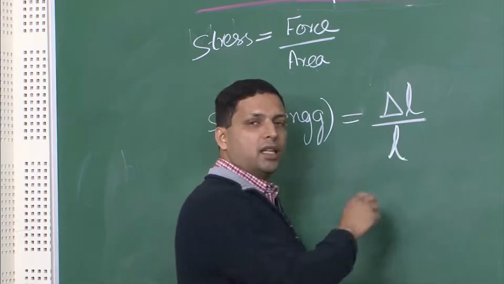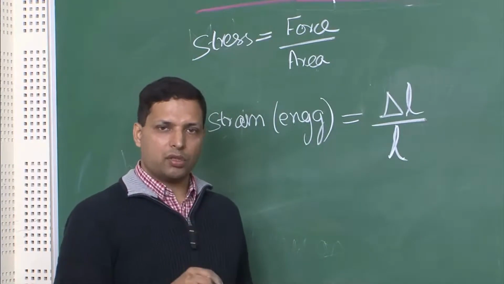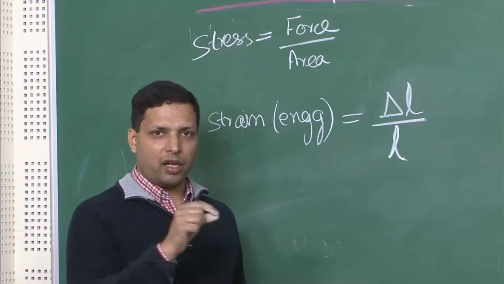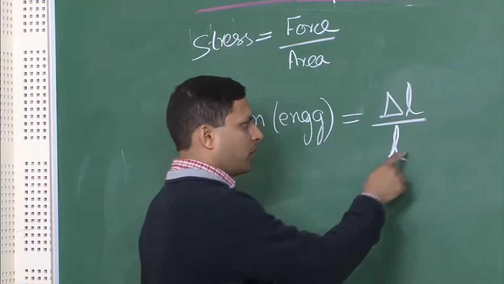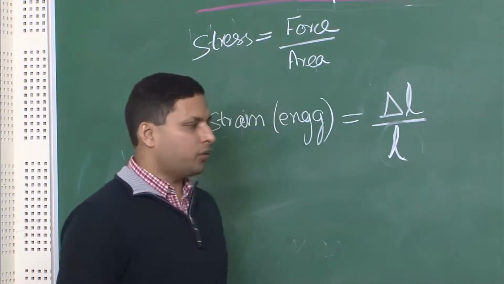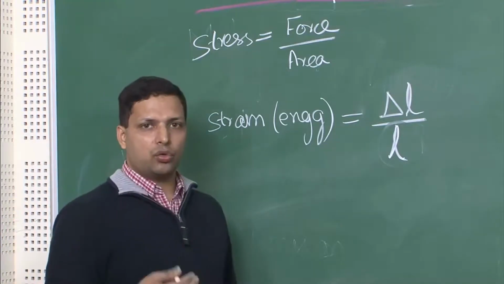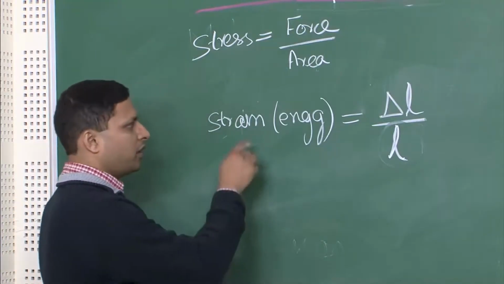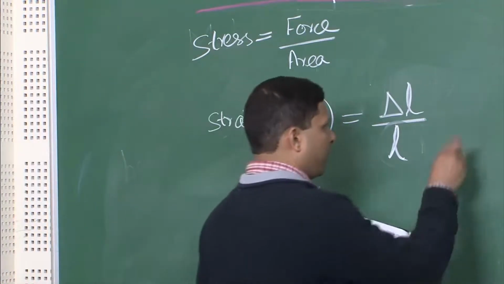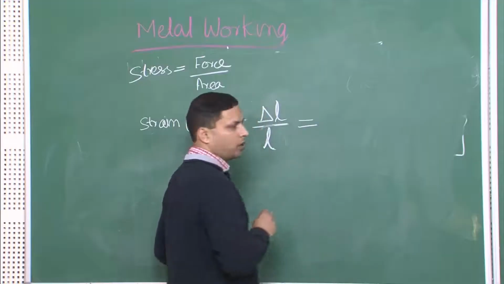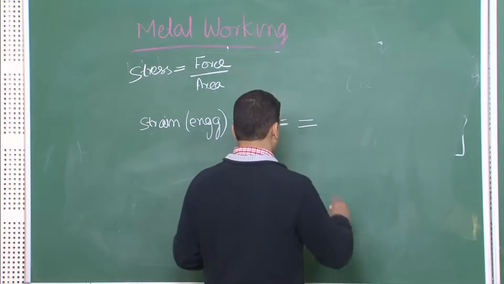However, at each and every instant of time during deformation, the length was also changing, and therefore the strain value at a particular instant would also be different, because you will use a different L value. Therefore we have these two different definitions of strain, engineering strain and the true strain. So first let us look at our usual, the more common and easy one, which is the engineering strain.